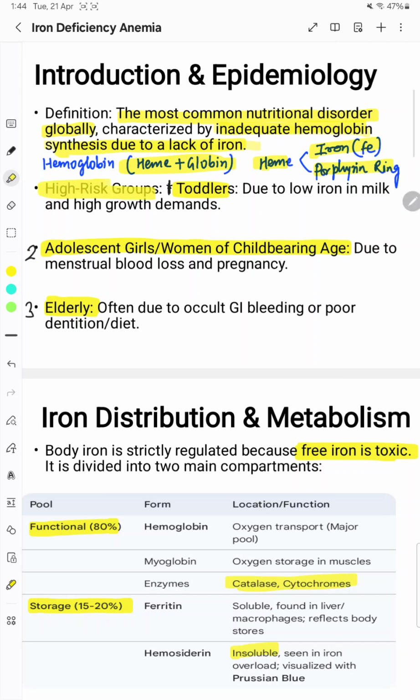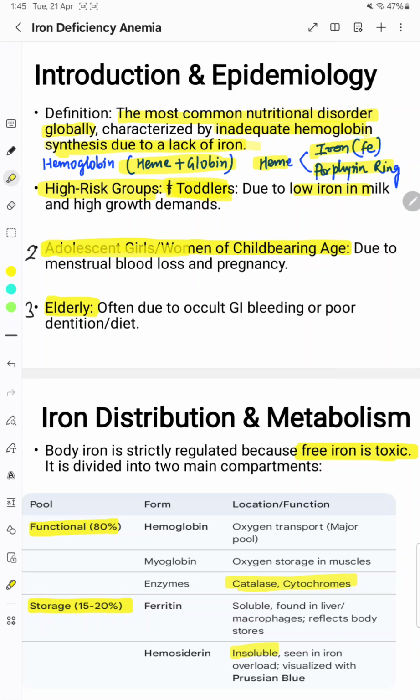There are certain high risk individuals or high risk groups in which there is a high chance of development of iron deficiency anemia. First is toddlers or children, due to low iron in the milk and high growth demands in this age group.